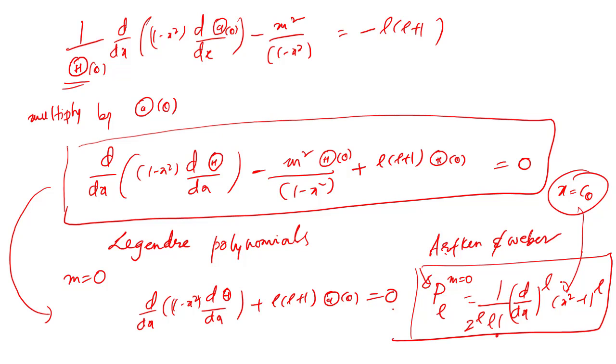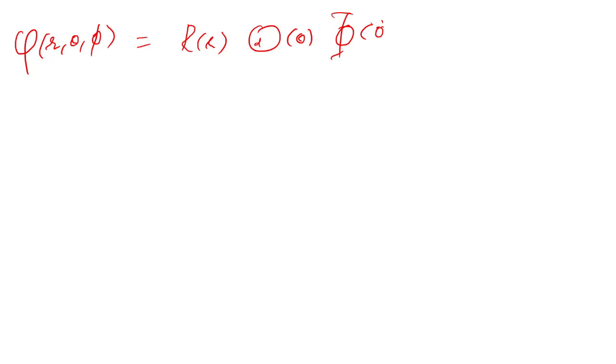Right? So we can see simple properties of these Legendre polynomials. So we started with phi of r theta phi, and we supposed that this was equal to R of r, theta of theta, and phi of phi. And we figured out that for this the two solutions are e to the plus or minus i m phi.